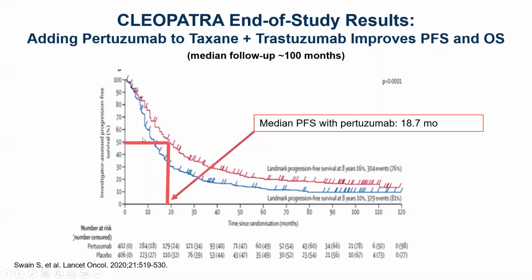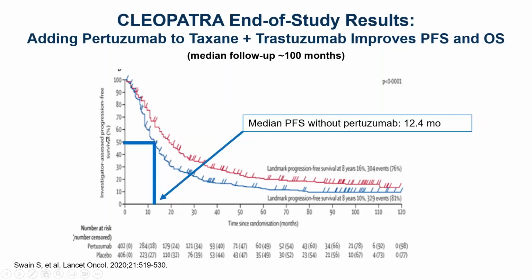They didn't get pertuzumab. And again, if you look at the 50% mark, where 50% of patients are alive and 50% are not alive, or alive without their disease growing, or their disease has grown, that corresponds to a 12.4 month time. So we say the median progression-free survival for patients who didn't get the pertuzumab was 12.4 months.